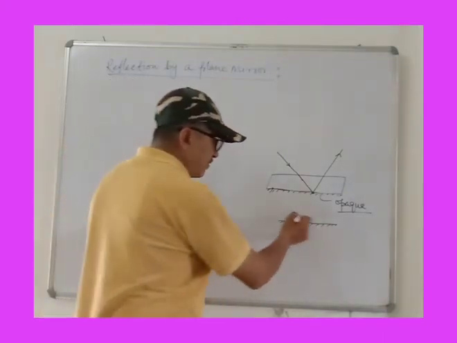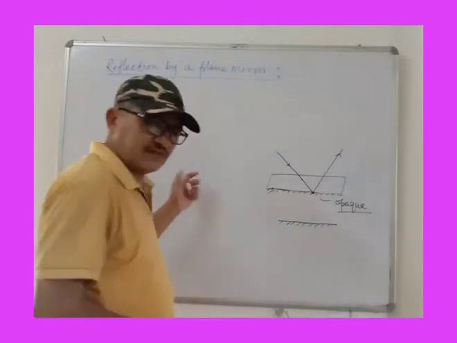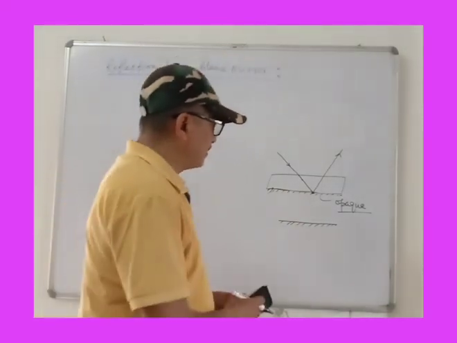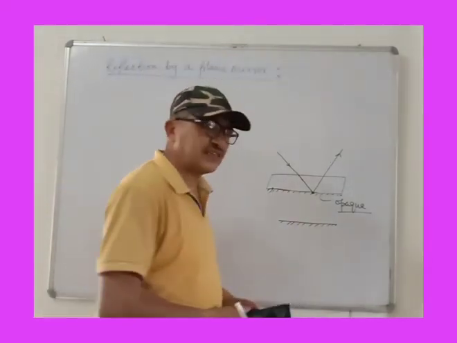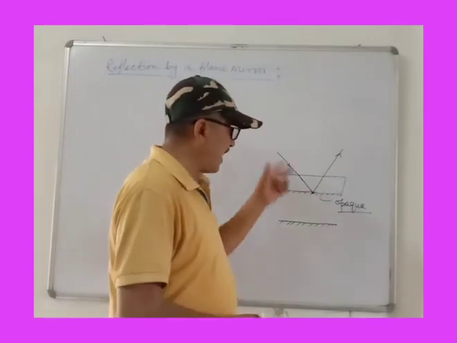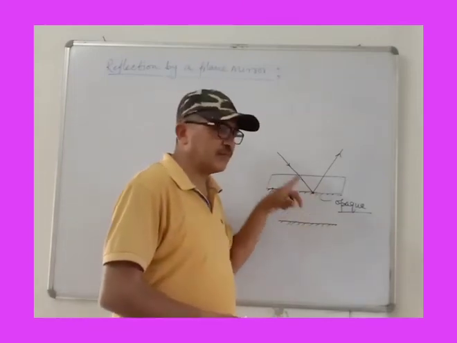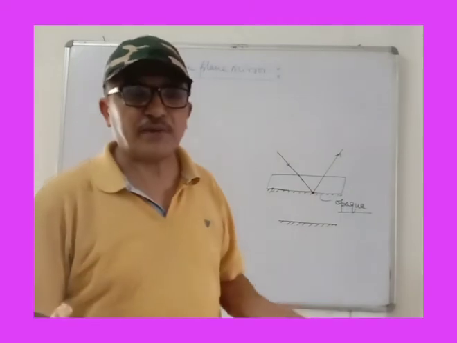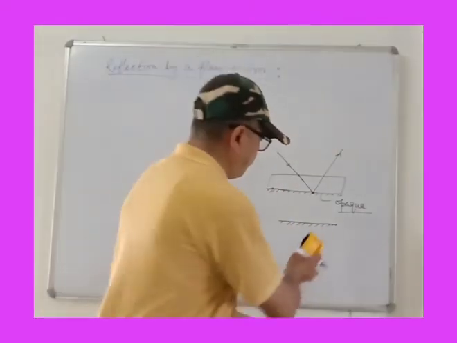Okay, this is the mirror. But every mirror has certain thickness. If you consider that thickness, then light actually returns from here, from the boundary between the transparent part and the opaque part.